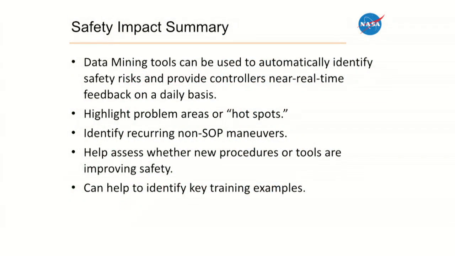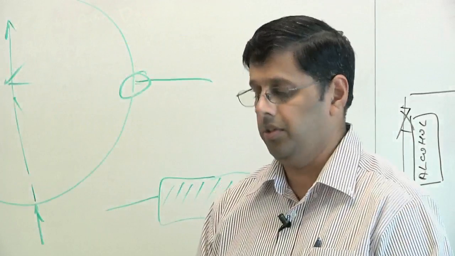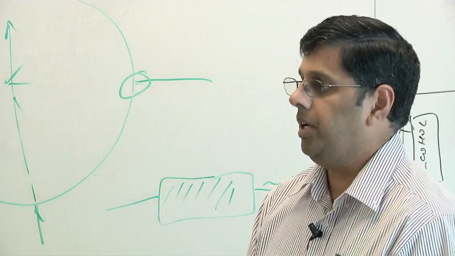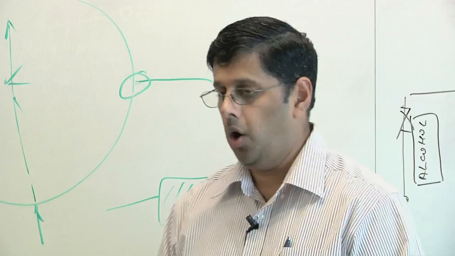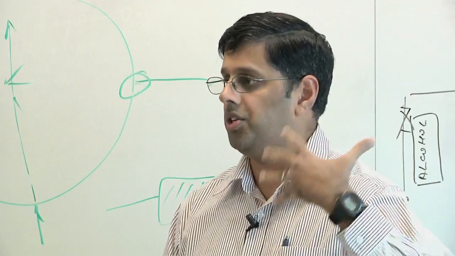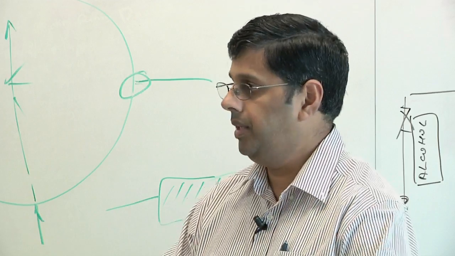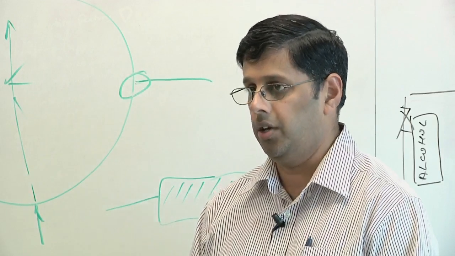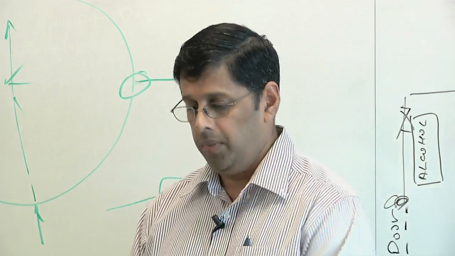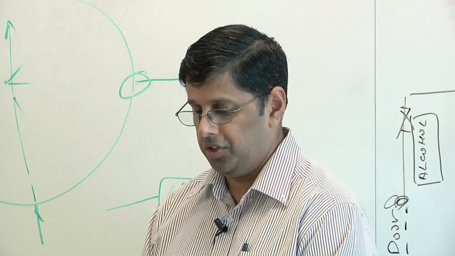As far as the safety impact of these data mining algorithms, what our collaborators at ATAC and the controllers have told us is that they see these anomaly detection methods, whether it's MCAT or other methods that could be used, can be good to automatically identify certain safety risks and also provide morning report style feedback and really identify new problems that they're not set up to look for given the current exceedance-based system. I mentioned the problem of being able to highlight certain problem areas or hotspots.